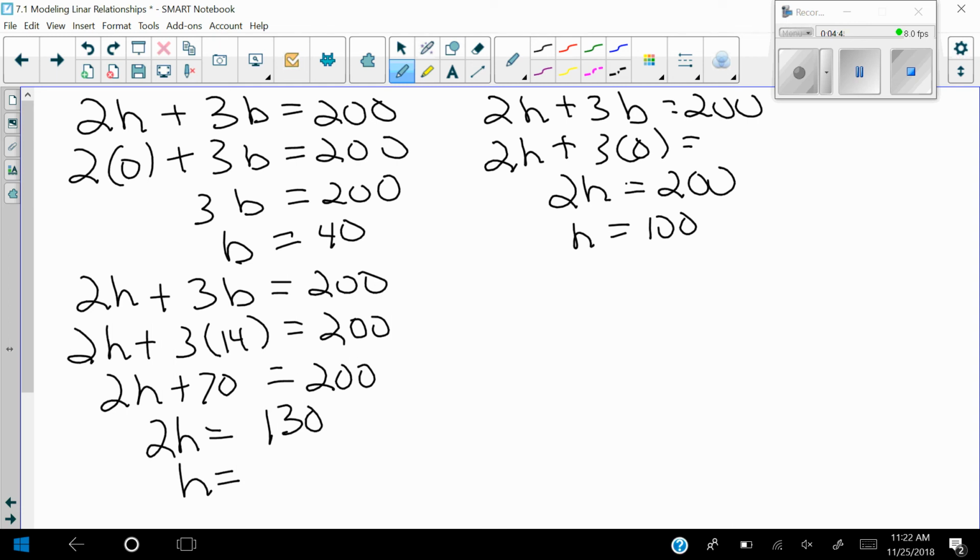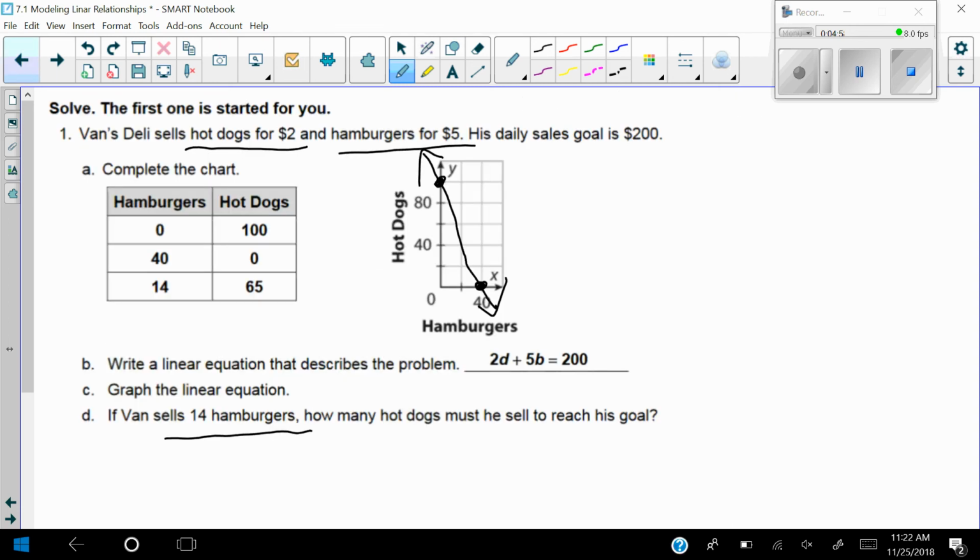And this should be 65. All right. Now, I just noticed that I used H for hot dogs instead of putting D for dogs. Don't let that throw you off. But we got H for hot dogs here. And when I have 14 hamburgers, I'll need to have 65 hot dogs to complete the goal.